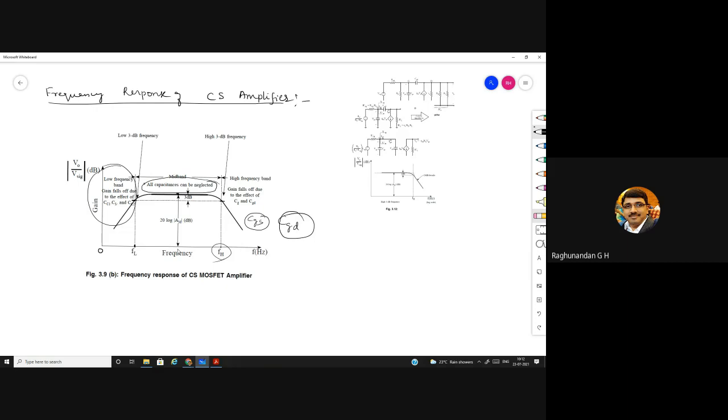So again the gain starts reducing. That's why we say the gain falls off due to the effect of CGS and CGD.